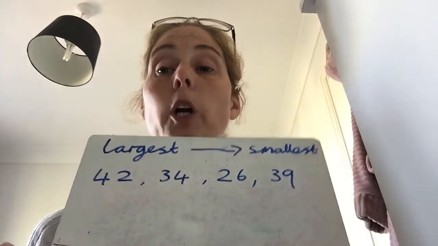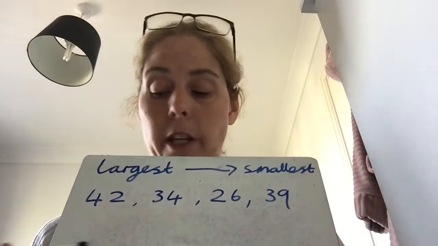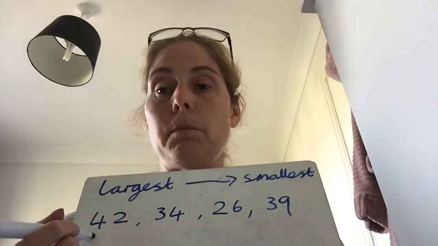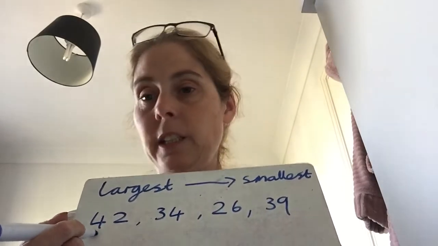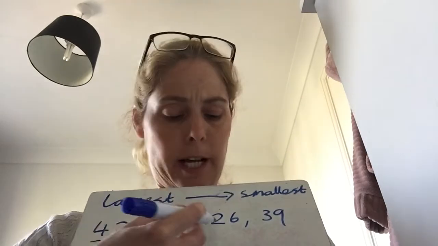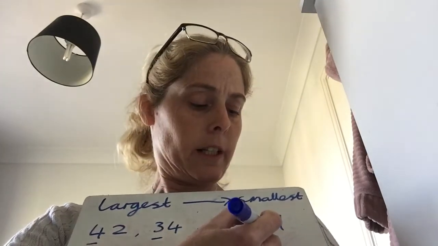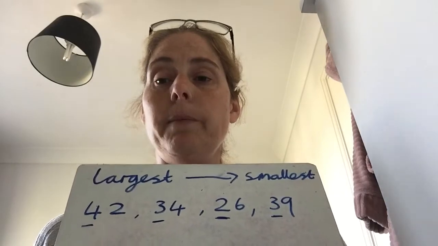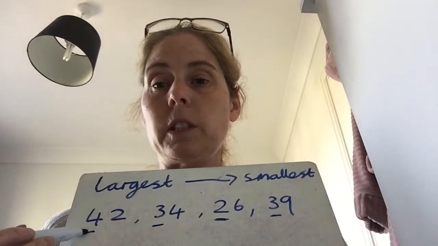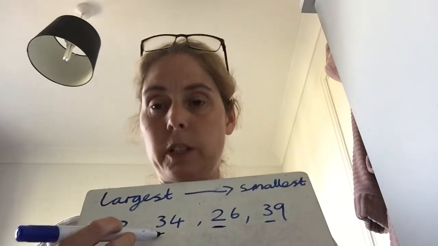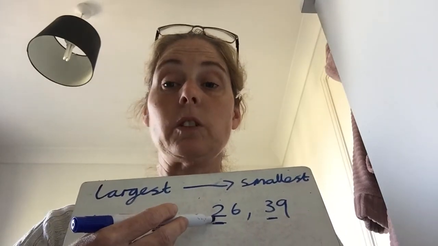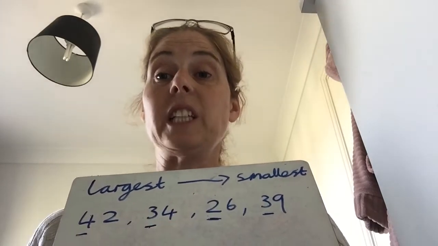Good. So I'm hoping that you were able to tell the adult with you that you looked at the tens numbers first. So here's our tens number, here's our tens number, here's our tens number, and here's our tens number. Okay, so we can see this one's got 4 tens, this one's got 3 tens, this one's got 2 tens, and this one's got 3 tens.